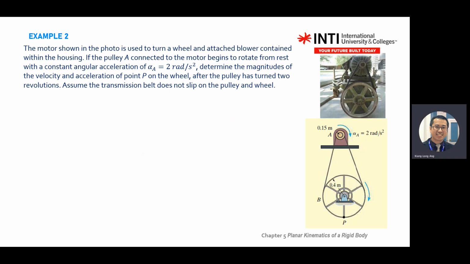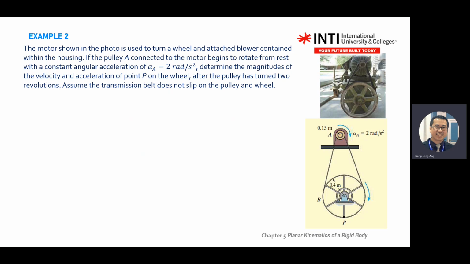Determine the magnitude of velocity and acceleration of point P of the wheel after the pulley has turned 2 revolutions. Assume the belt does not slip on the pulley and wheel. So, it asks you to find what?